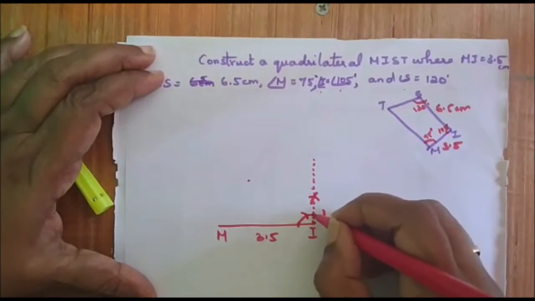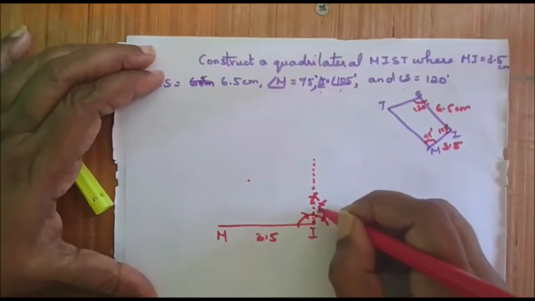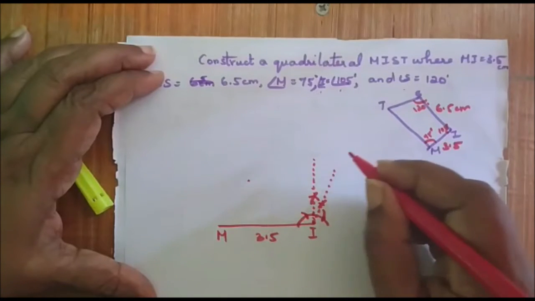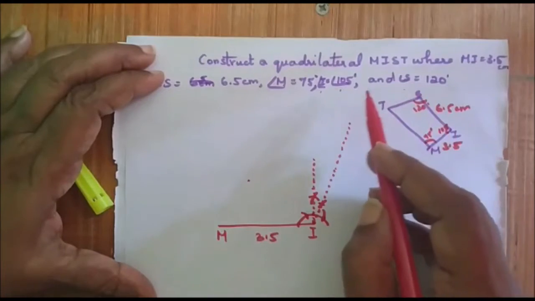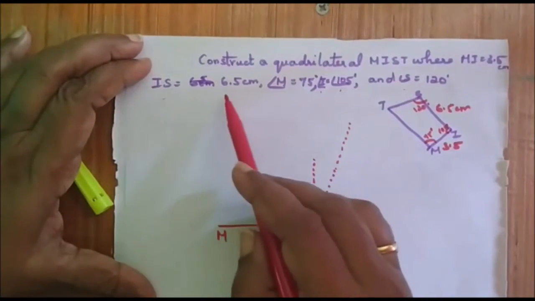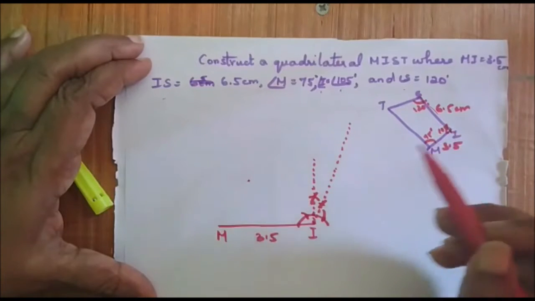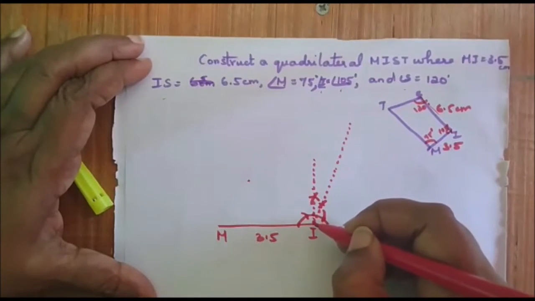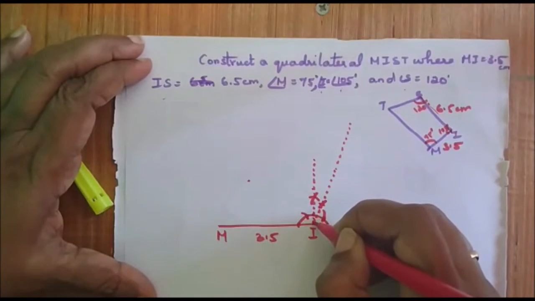Then I'll keep my compass over here and draw an arc here, and over here and draw an arc here. So this is 105 degrees. Now we are given that IS is equal to 6.5 centimeters.